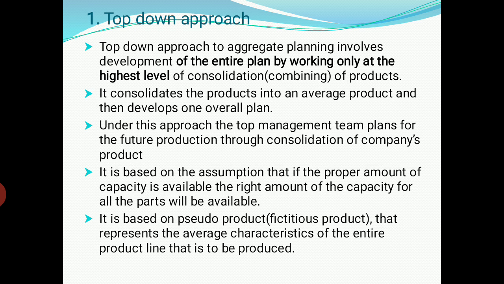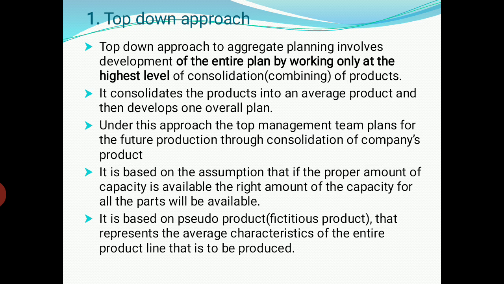That is one thing. Next, it consolidates the products into an average product and then develops an overall plan. That means if A, B, C, D, E are the products of the same product line, then there is a consolidation. These products are brought together into an average product.